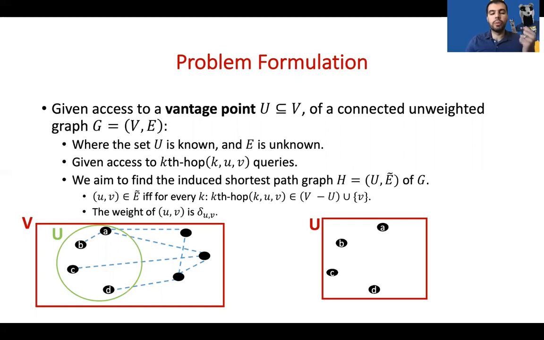And our goal is to find the induced shortest path graph H with vertex set U and edges such that two vertices u and v in U are connected if and only if the kth-Hop queries for every value of k return only vertices that are outside of the vertex set U, meaning that the shortest path from u to v does not go through any other vertex inside U. And essentially the weight of each of these edges would be the distance between those two vertices.